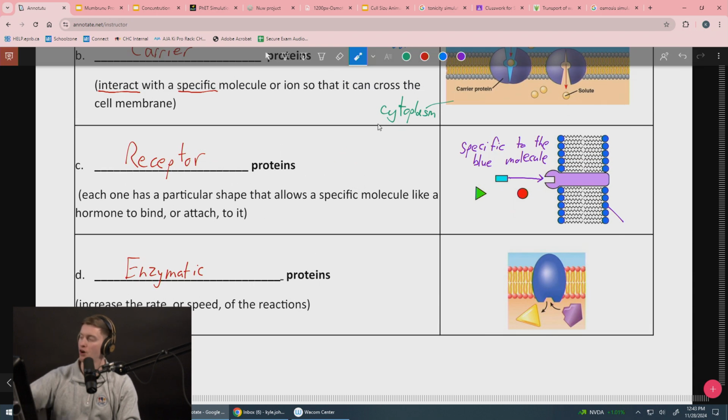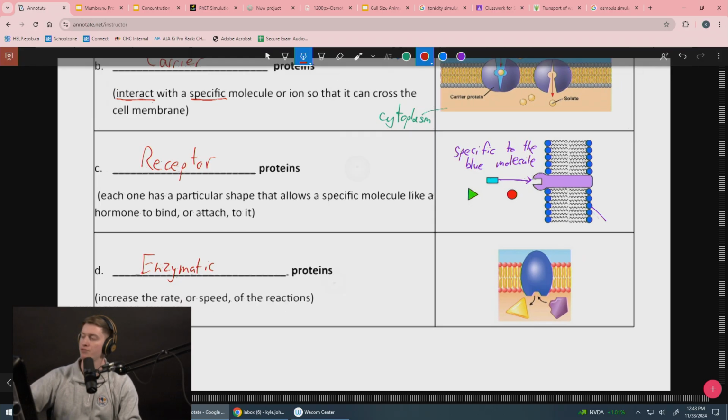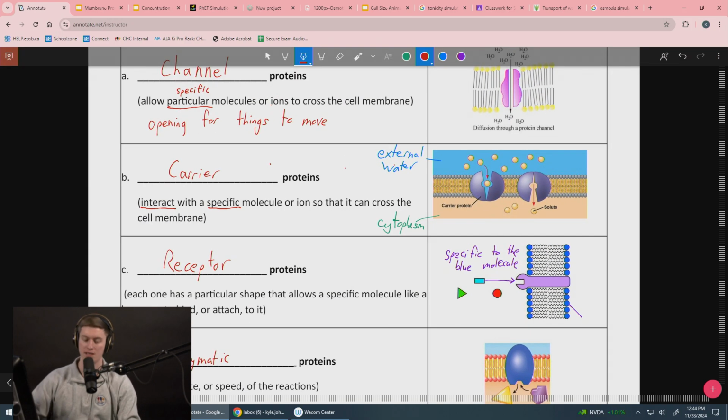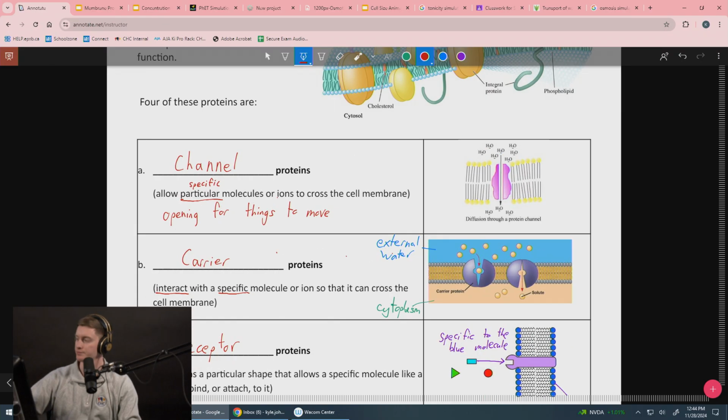Receptor proteins here often are used to allow cells to communicate with each other, and enzymatic proteins are going to carry out a specific reaction. Maybe it's related to generating energy or moving substances around. But here's 4 general categories of proteins that you can find in the cell membrane.